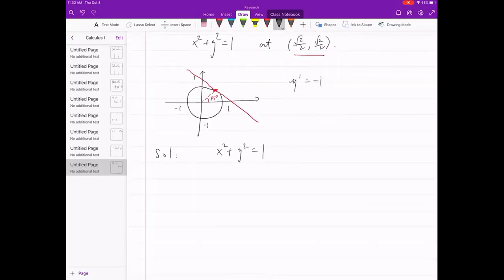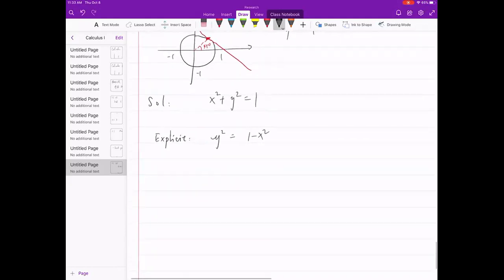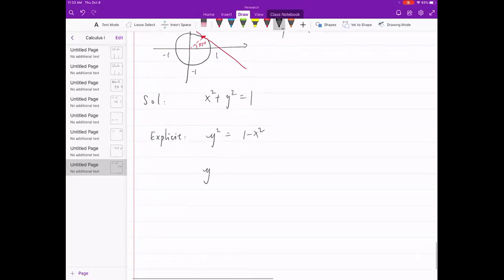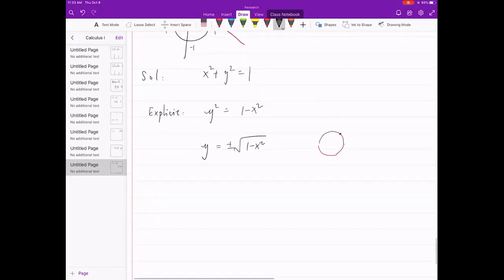All right, then how do you do it? Well, there is a way. The first way is, even though you're implicit, I can change you to be explicit. That is, I take this and solve for y. Now we know the positive one is for this, the negative one is for this. Because our point is here, I'm going to take the positive one.